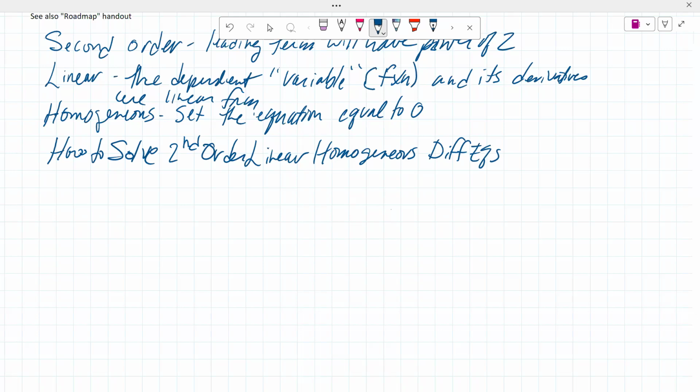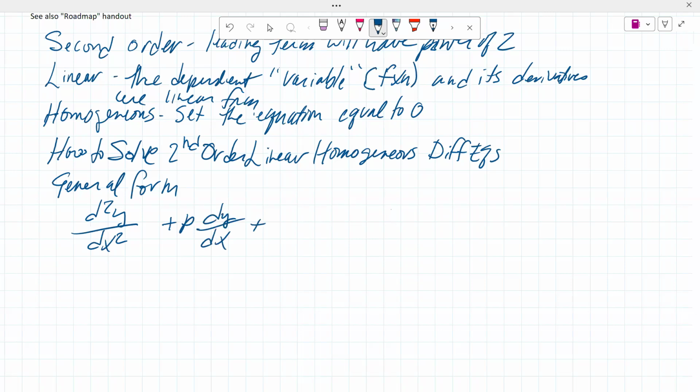All right, so this is our general form. It's going to look something like this: d squared y over dx squared plus p dy/dx plus qy equals 0.